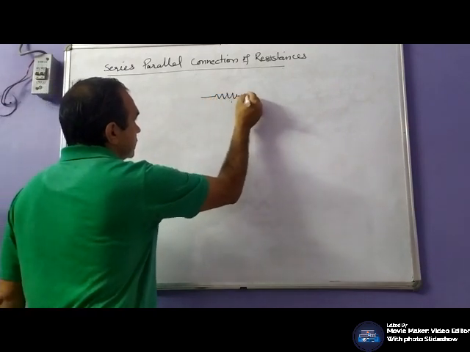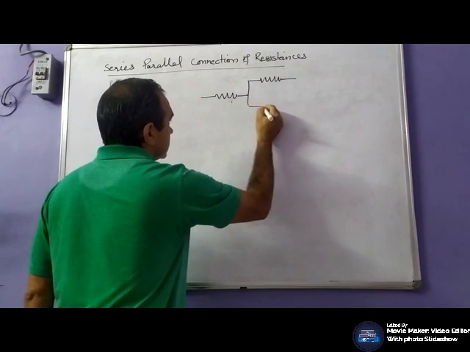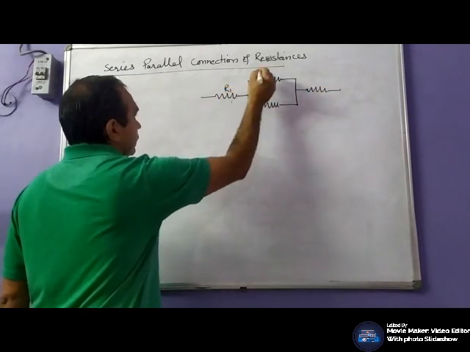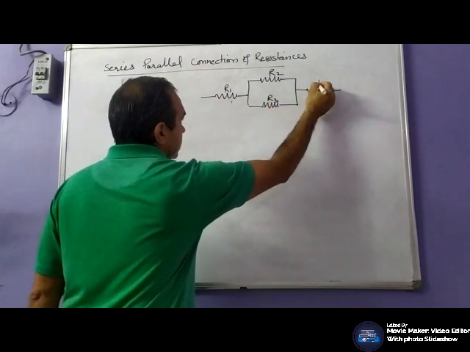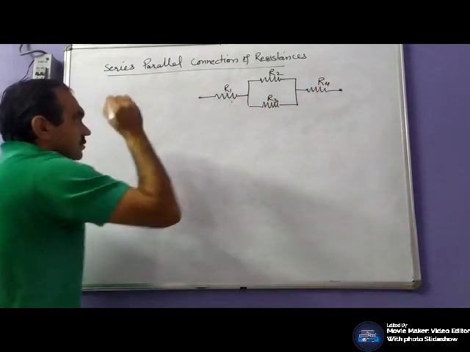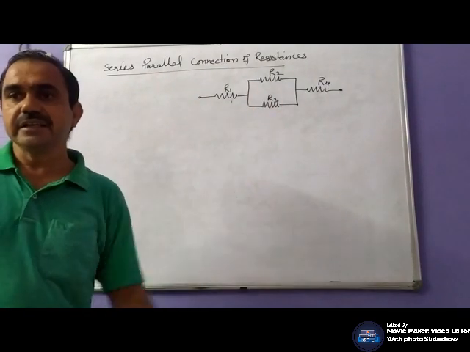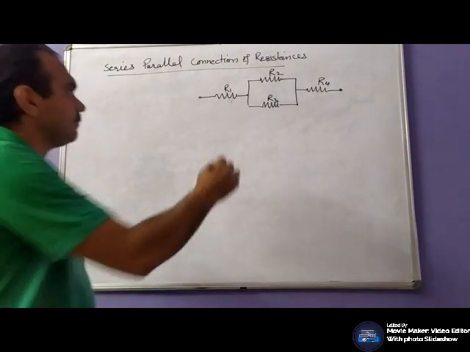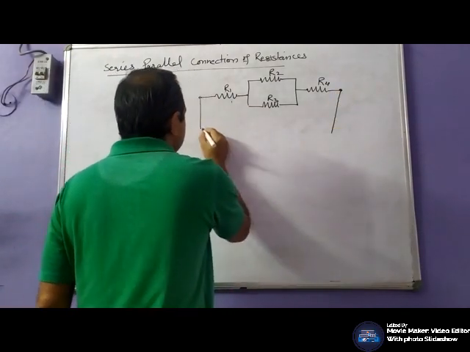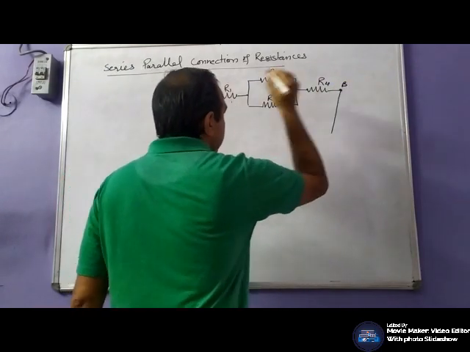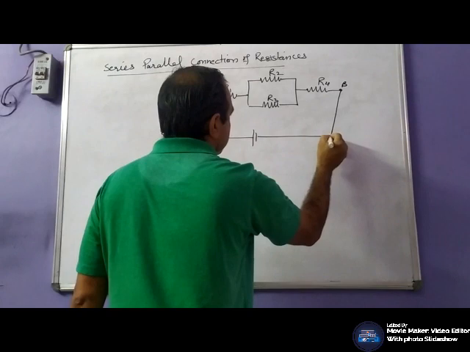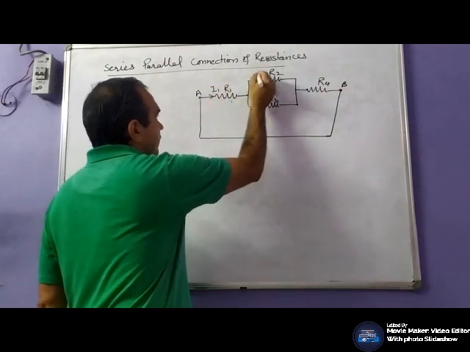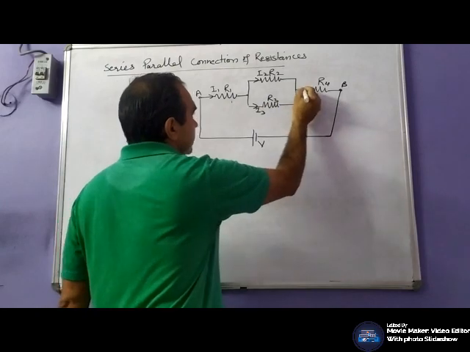Let us take R1, R2, R3, R4. These resistances are connected in series as well as parallel, and we have to find the current flowing through it, if the potential applied across these ends is V volt. Let the currents be I1, I2, I3 and I4.